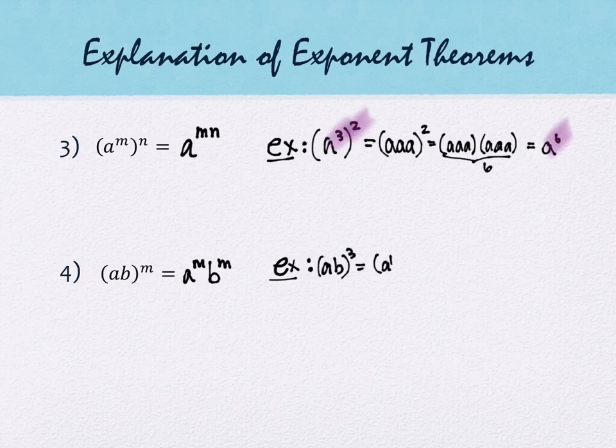So ab cubed, by definition of exponents, means I have ab 3 times. And then I'm going to shuffle the letters around. I want to group the a's at the beginning and the b's at the end. You can't just do that. The reason you can do that, though, is because we have two properties that allow that: the commutative property that says you can alternate two numbers, right? 5 times 3 is 3 times 5.